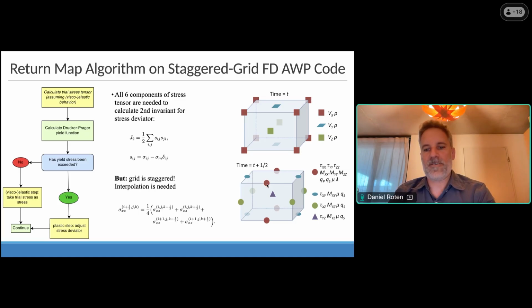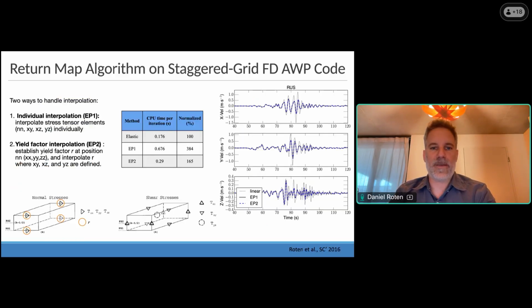So when we implemented nonlinearity in this code, we had a few challenges. Nonlinearity means that you are deviating from the linear stress-strain relationship. In the simplest model, the material just yields when it reaches a given yield stress.